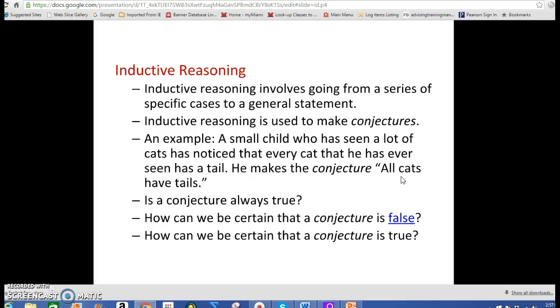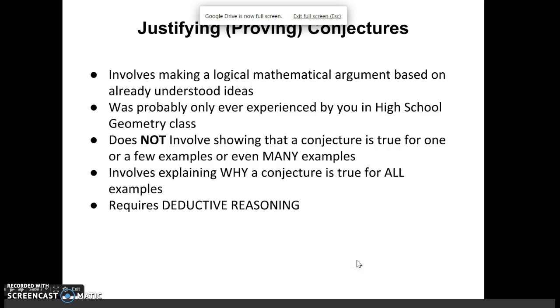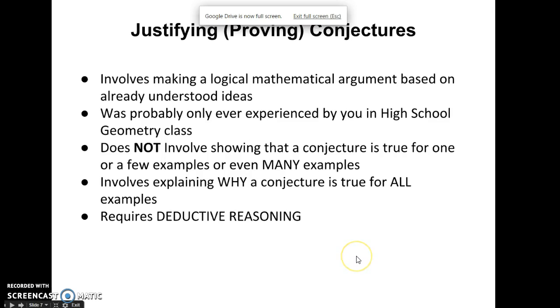The thing with conjectures is you can be pretty sure they're true, you can feel that they're true, but you need to understand that conjectures can only be true when they are proven to be true. And that takes a different type of reasoning. So justifying or proving conjectures to be true involves making a logical mathematical argument based on things that you already knew to be true.